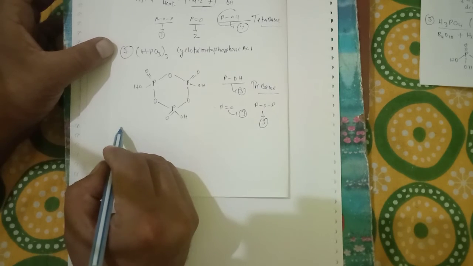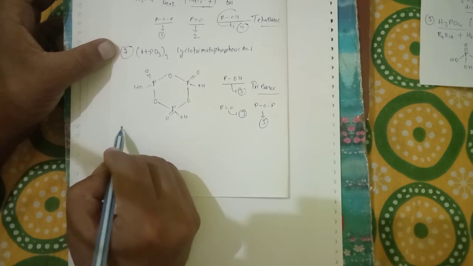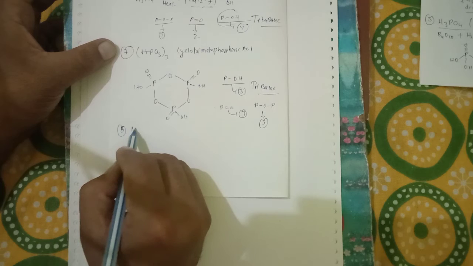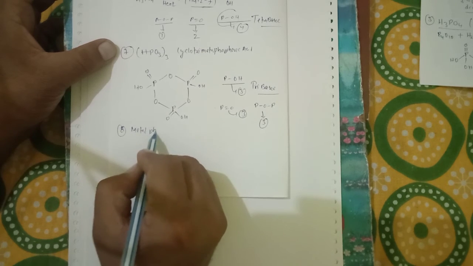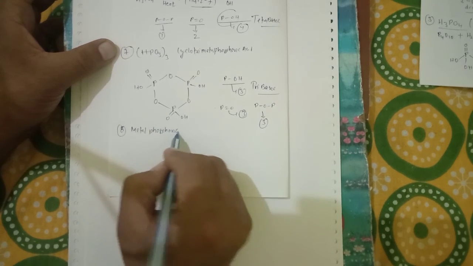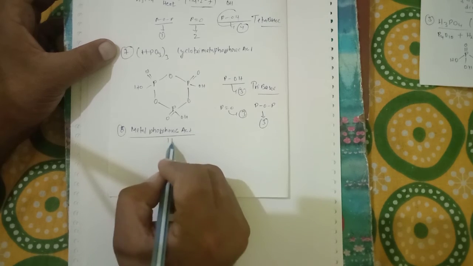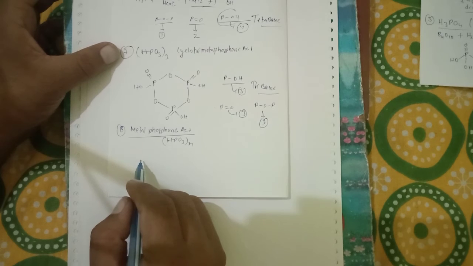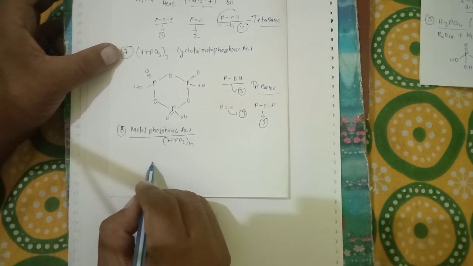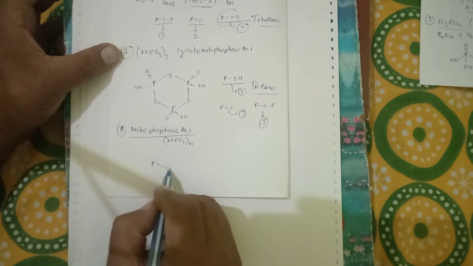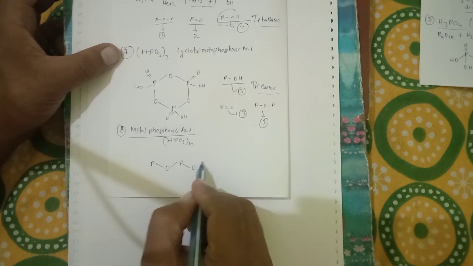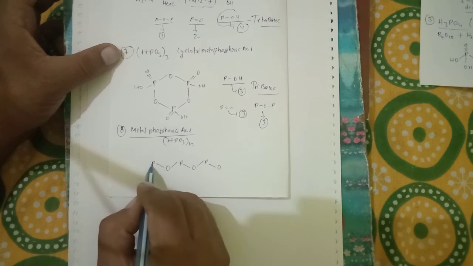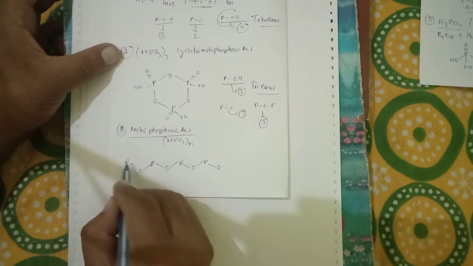Let us see now the eighth oxoacid of phosphorus, that is called metaphosphoric acid, that is (HPO3)n. So it will be a long chain structure and it will be arranged in this way: phosphorus, oxygen, phosphorus, oxygen, phosphorus, oxygen, phosphorus.